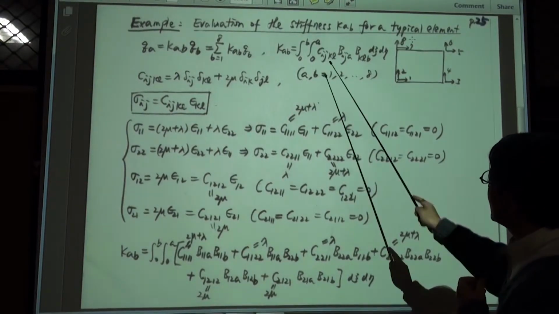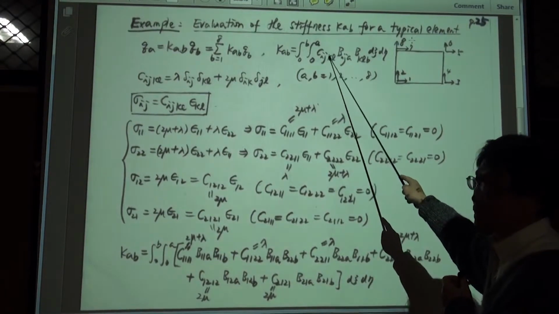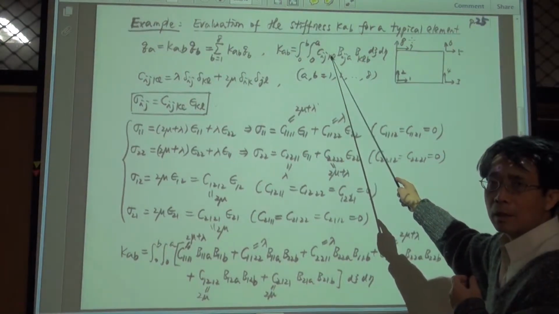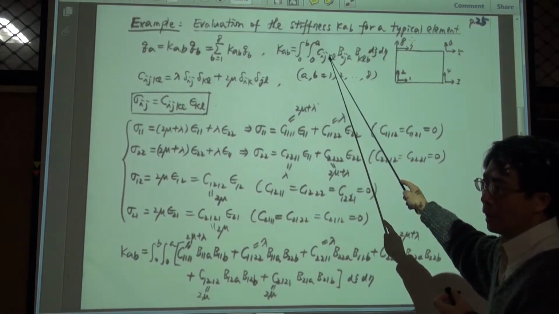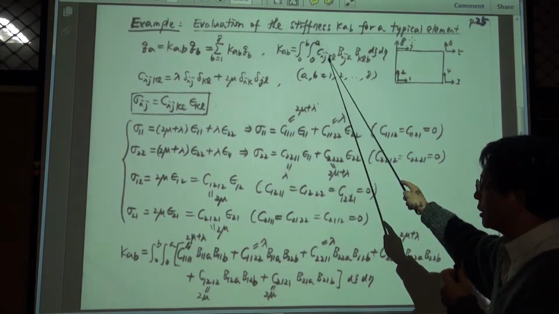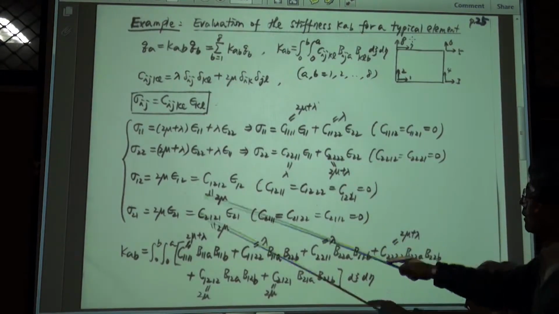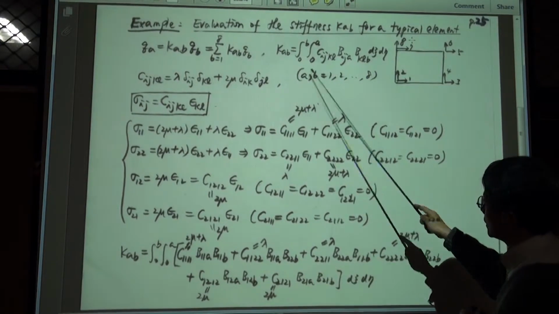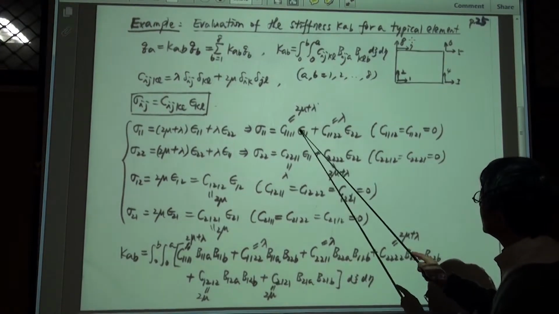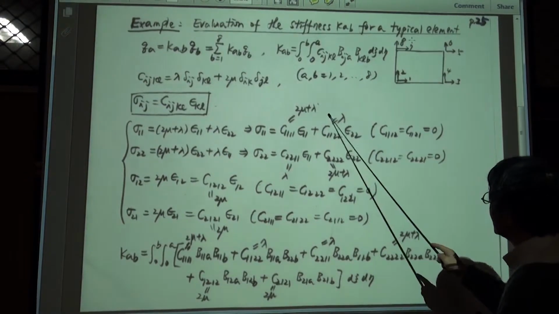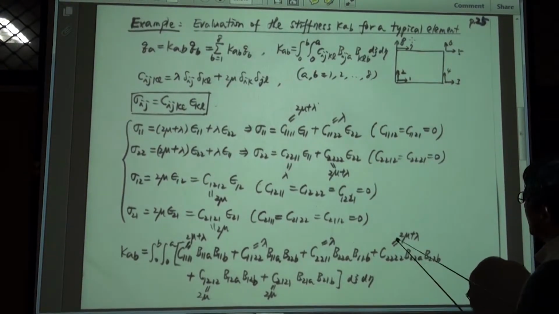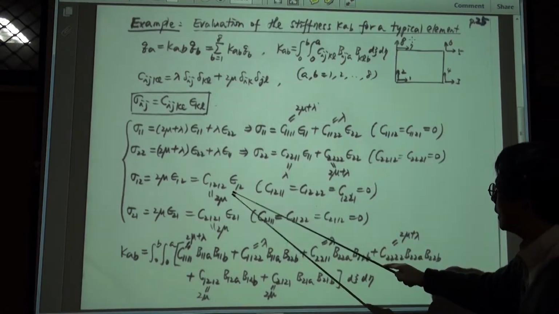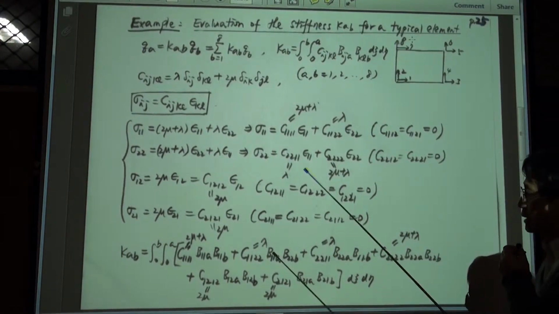So here we don't have 16 terms, we have only 6 non-zero terms, because 10 of these 16 terms are zero. So we write it like this, put this one here, this one here, and so on. We have only 6 terms.